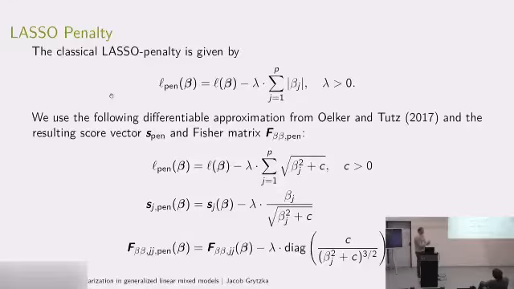So this approximation is differentiable at 0. For our case, we use c is 10 to the minus 5, so a very small number. And then we are able to calculate the derivative or the score function here and the second derivative for the Fisher matrix as well, which can be good for the optimization steps.